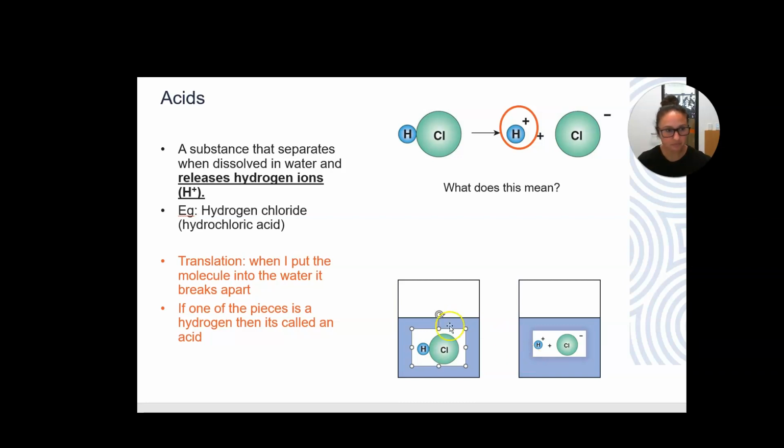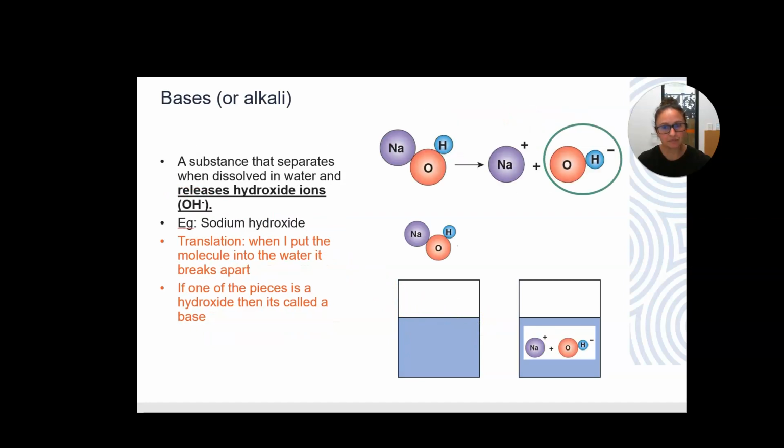Okay, let's have a look at bases. So here we go. Here is my molecule. Can you see this molecule? This molecule is sodium hydroxide. Now let's pop it into water. When I do that, it also splits up.